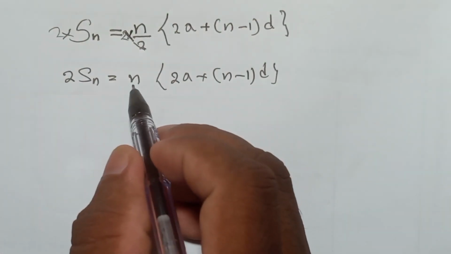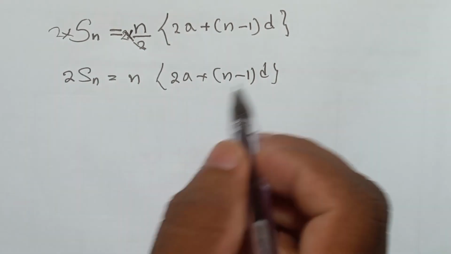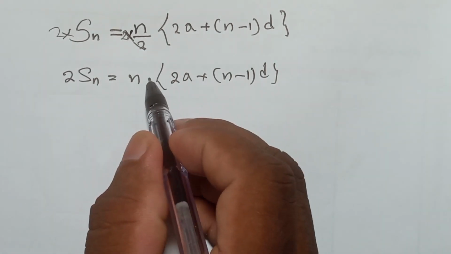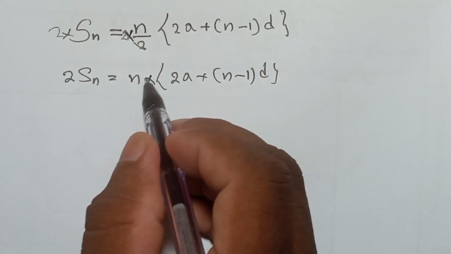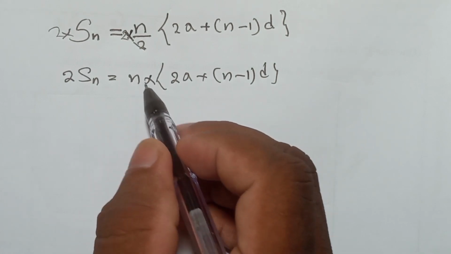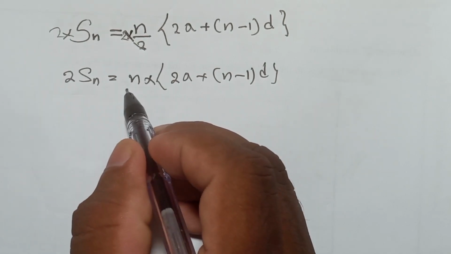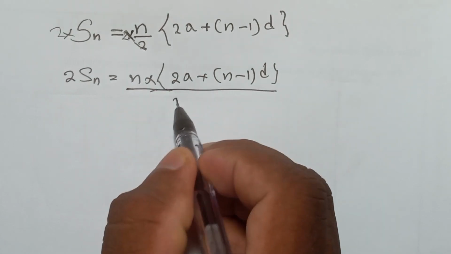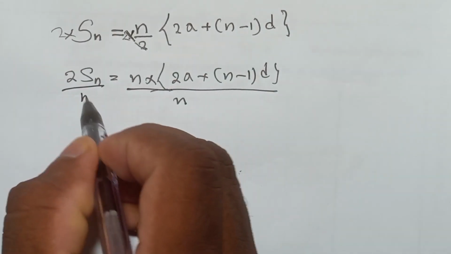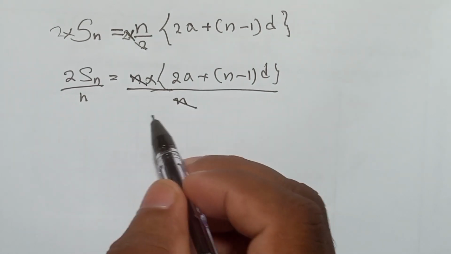Now again I need to remove n. So now this n connects with this part with multiplication. Here there's no sign, which means multiplication, you know that. So what I need to do here, connected with multiplication, so divide by n both sides. That means here you should divide by n, and this side also divide by n. So this n to this n cut.